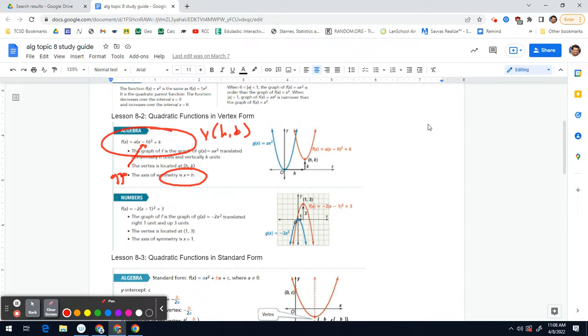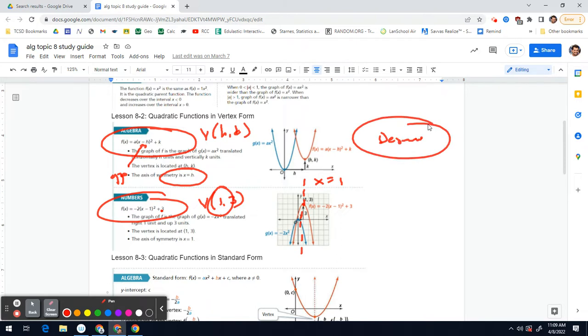For instance, right here, you have a vertex of 1, 3, opposite of negative 1, and the same as 3. That negative 2 makes it open down. And your axis of symmetry would have the equation x equals 1, matching the x of your vertex. You can always just use Desmos to graph the picture to identify the vertex. It'll graph it for you, and you can just hover, and it'll tell you what the h and k are.